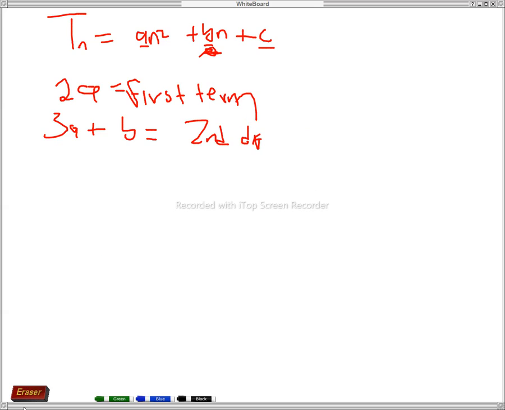Let me erase this. The second difference is going to be equal to the second difference.